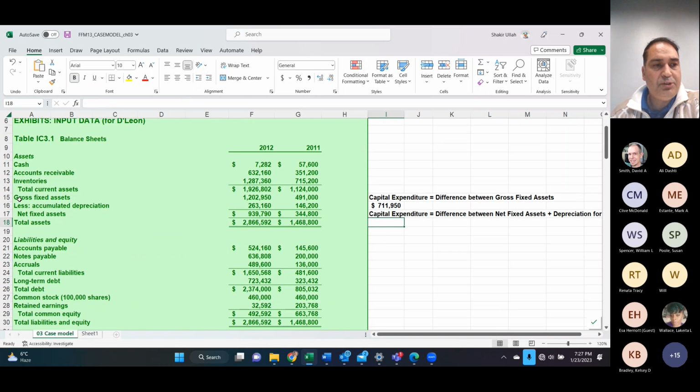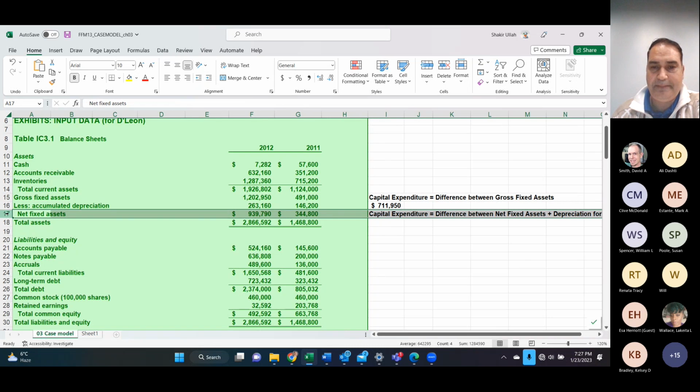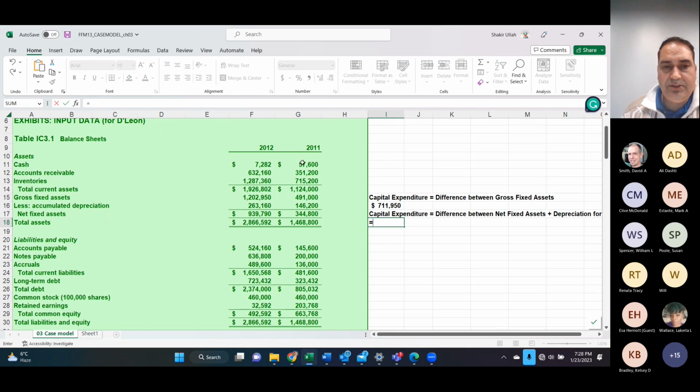However, in your assignment, you don't even have this gross fixed assets. You have net fixed assets. Now, what happens in the net fixed assets? We actually remove depreciation from the assets. So what we do in that case, if you get the net fixed assets, you find the difference between the two net fixed assets values.